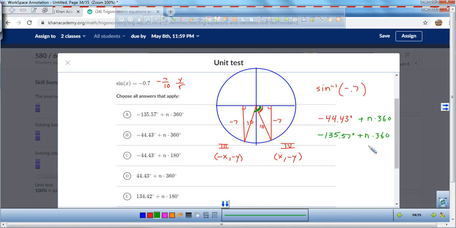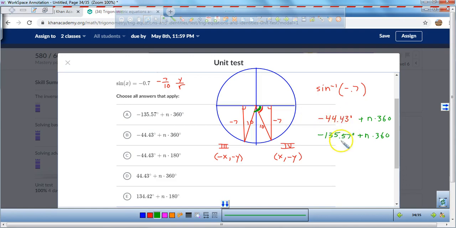All right, so how are you supposed to know how to do this? Well, you've got to know where sine's negative. Sine's negative in the third and the fourth quadrant. All I did was take the first angle, which was negative 44.43 degrees. These triangles are in the wrong place. It's not an accurate picture of what's actually happening. Okay, but you guys get the picture.